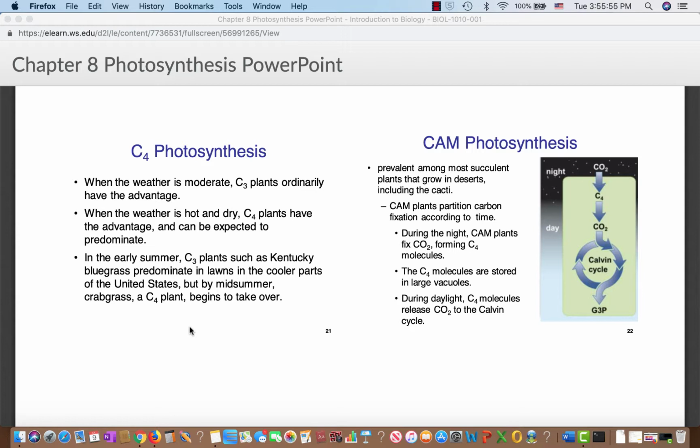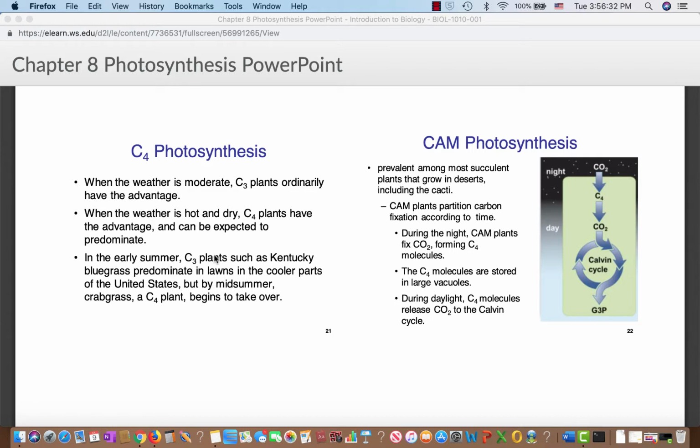The other way of getting around this problem is with CAM photosynthesis, and this is done by desert plants like cactus. They do their light-dependent reactions during the day, and then at night they do their carbon fixation reactions, the Calvin cycle, to produce glucose.